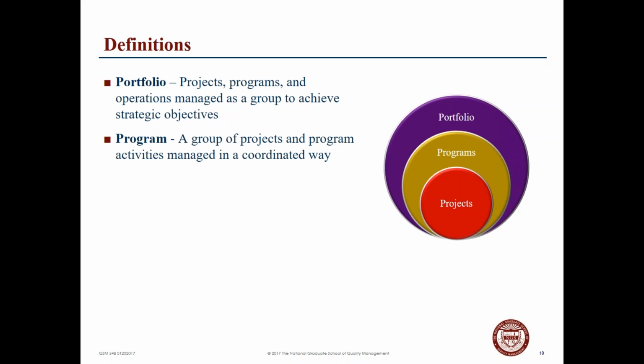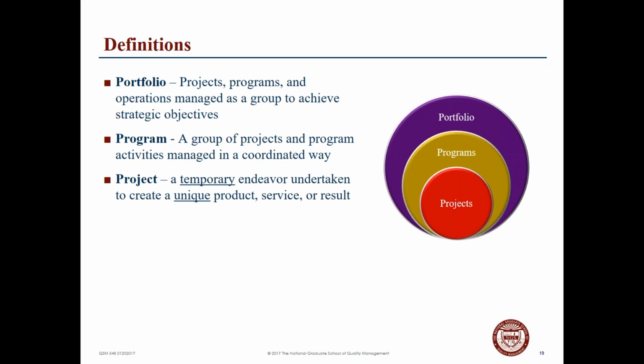A program would be a group of related projects or activities that are coordinated together. And a project is a temporary endeavor, with a finite life, that will create something new and unique, whether it's a product, a service, or an outcome.